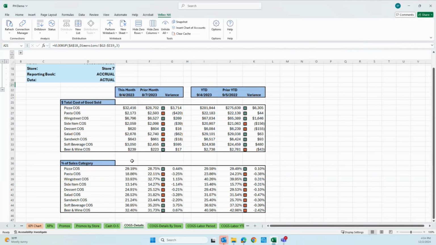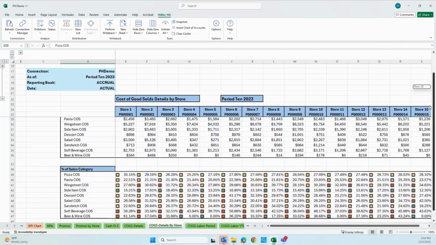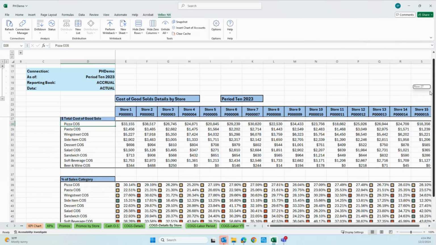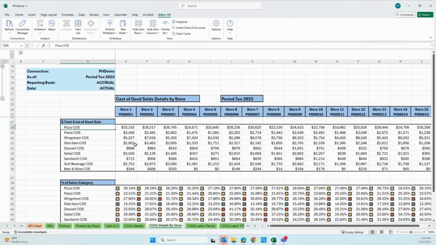This is a great way to look at the numbers in totality, but most people are going to want to pay attention to what's going on with trends by store. So as you see here, this is trending out the activity from highest to lowest as a percent of sales, and the breakout by store.